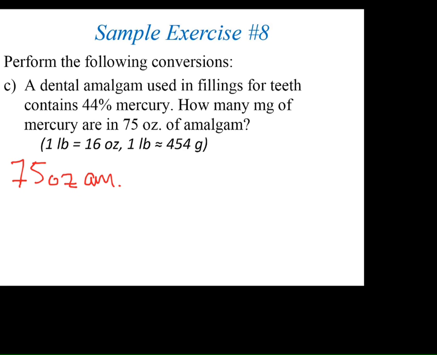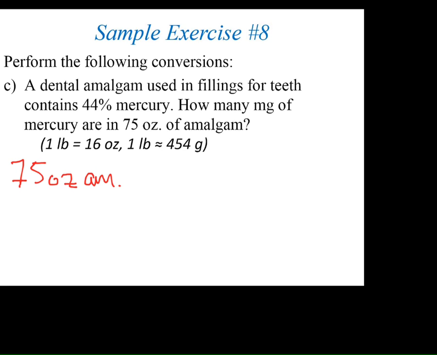I could turn ounces of amalgam into pounds of amalgam into grams of amalgam, and then use the percentage to turn amalgam into mercury. Or I could do it first, and I could turn ounces of amalgam into ounces of mercury using the percentage, and then go to grams of mercury. Either way will work. So I will ask you, what's your preference? Do you want to do the amalgam all the way down to grams of amalgam, or do you want to do the amalgam first into mercury and then go to grams of mercury?